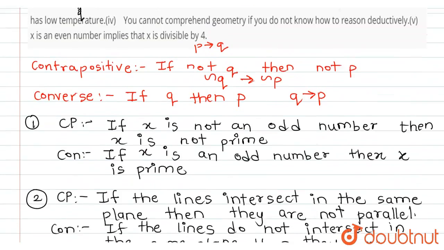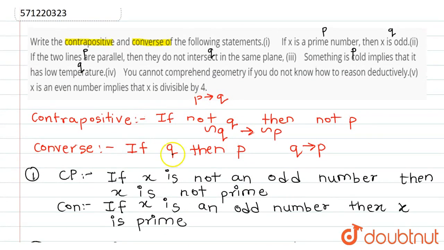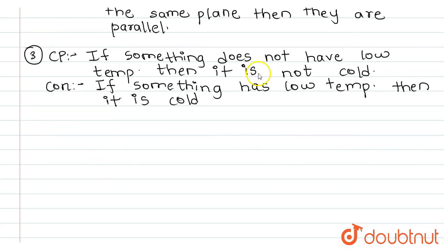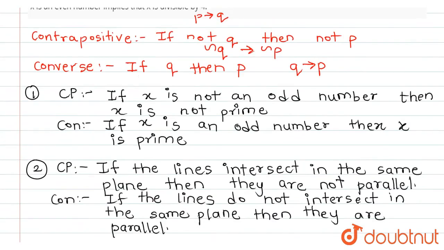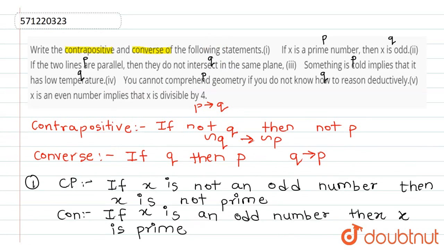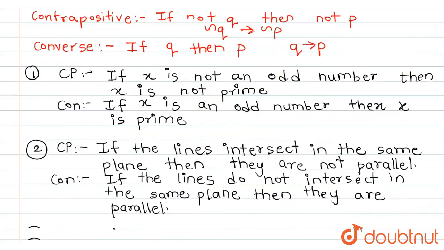Perfect. Moving to the next question, question 4. You cannot comprehend geometry. This can be P, if you do not know how to reason deductively. This is Q. So first of all, we will formulate a contrapositive statement. What is Q? Q is if you do not know how to reason deductively.